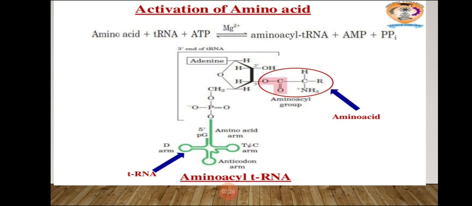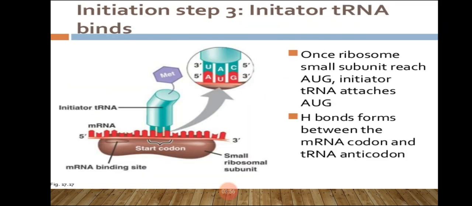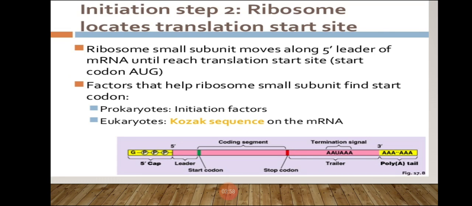Moving on to the second step of initiation, the small subunit of the ribosome binds to the mRNA at the 5' end.